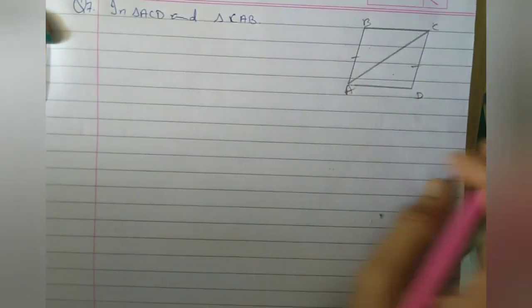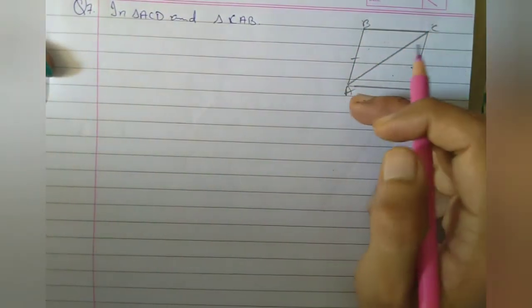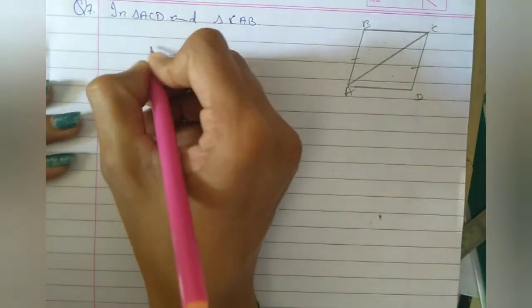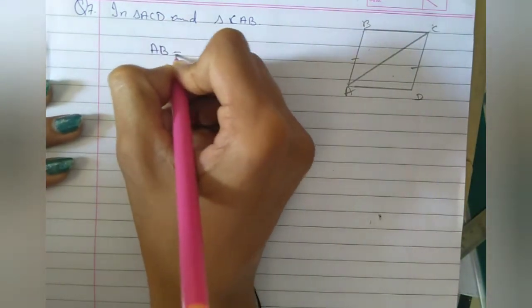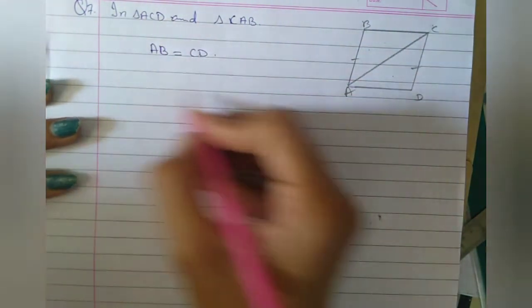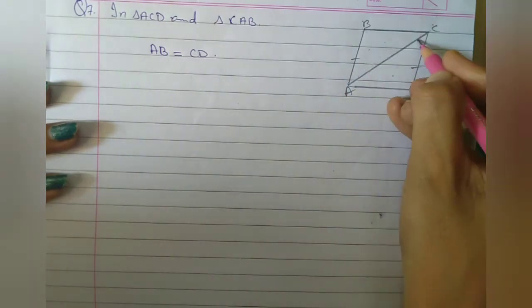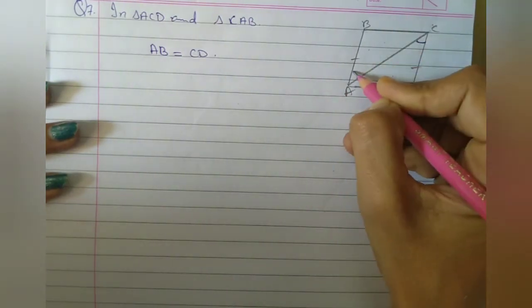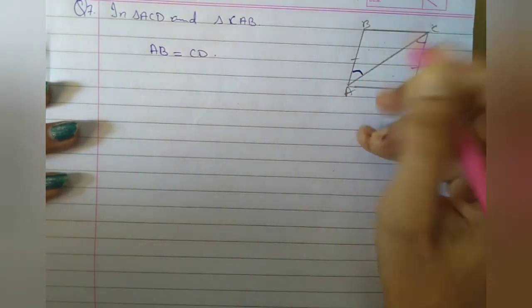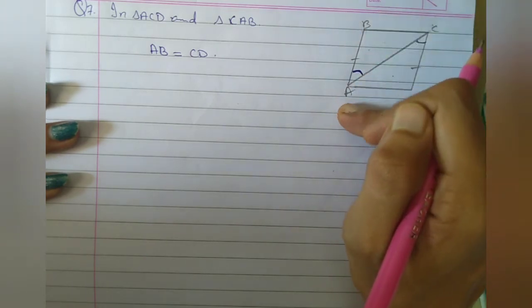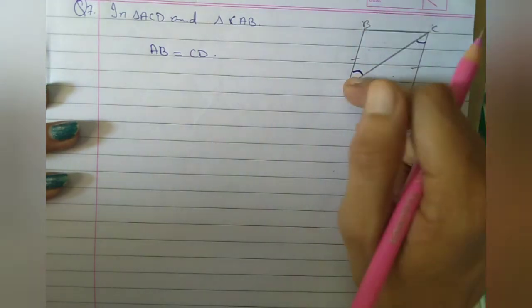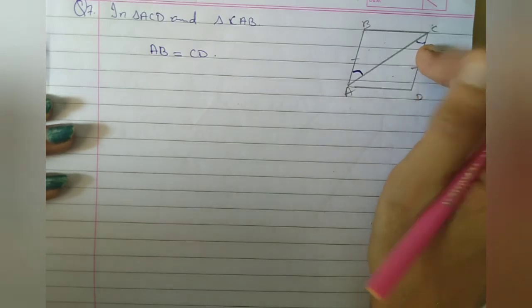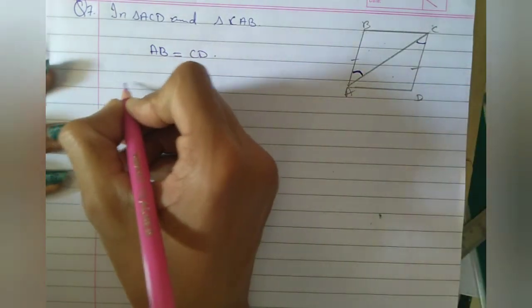For that we can say this is given, AB is equal to CD, so we'll write AB equal to CD. Now this angle is equal to this. Why? If AB is parallel to CD, then alternate interior angles are the same.